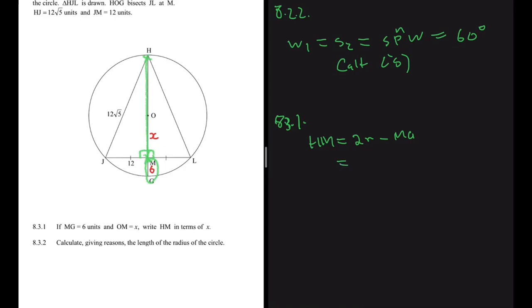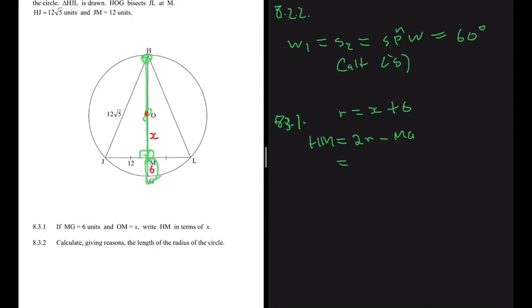But what is the radius? We have OH as the radius, right? But then OG is also a radius. So let's write the radius in terms of OG. It will be X plus 6, right?